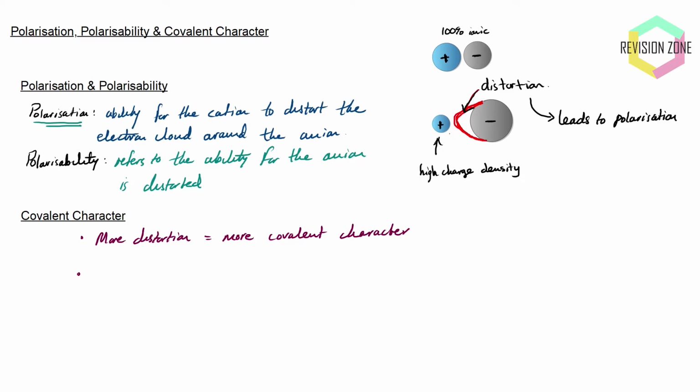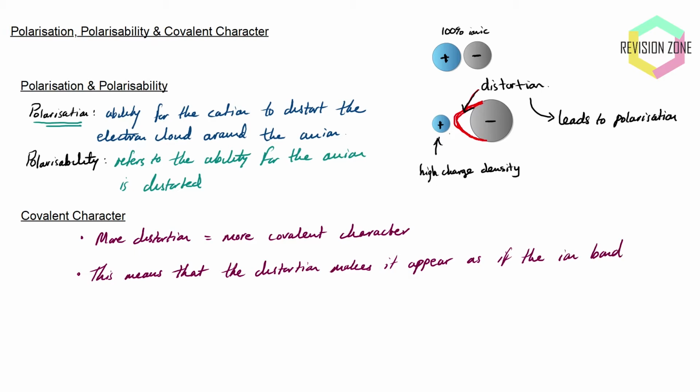Now this means that the distortion makes it appear as if the ionic bond is now looking like a covalent bond.